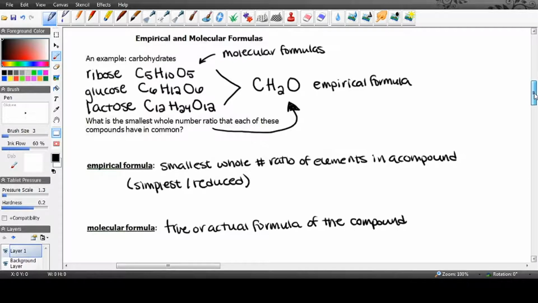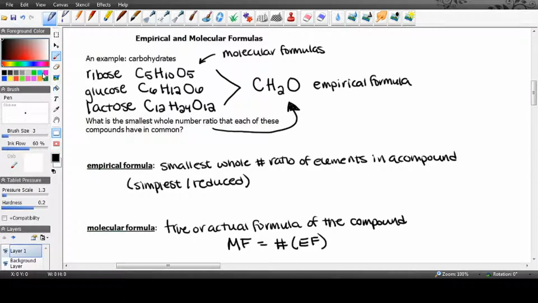And what we've noticed here is that the molecular formula is a multiple of the empirical formula. So we could write that as an equation. The molecular formula is equal to some whole number times the empirical formula.